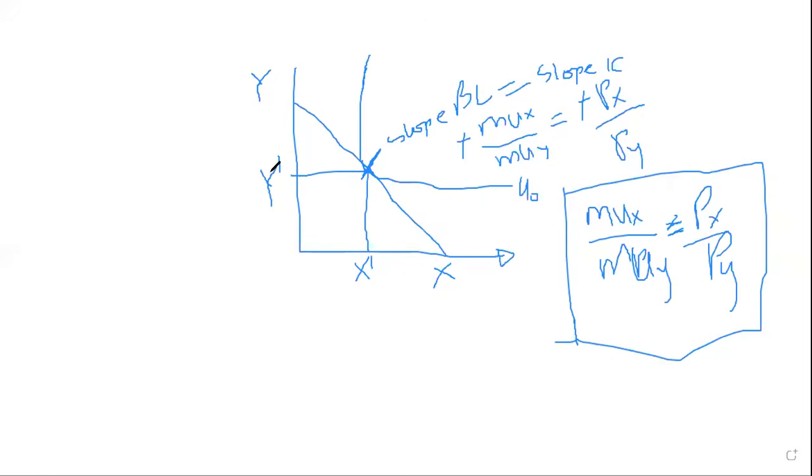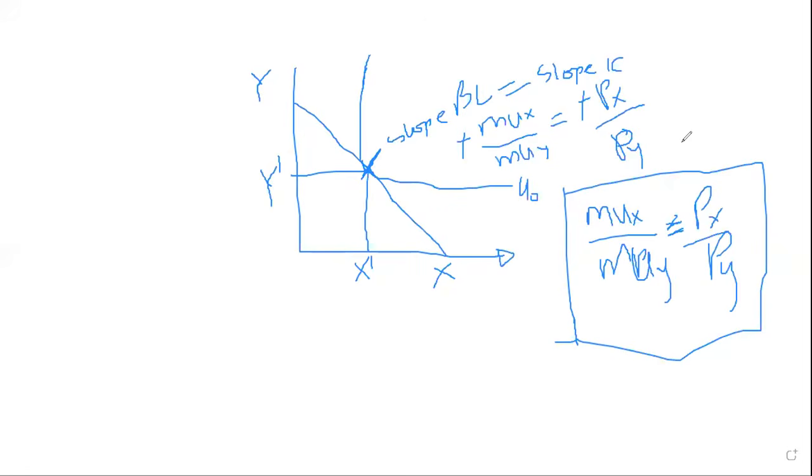And then we work out the quantities of X and Y that maximize the consumer utility. So at the equilibrium point, utility is maximized. Please take note of that as well.